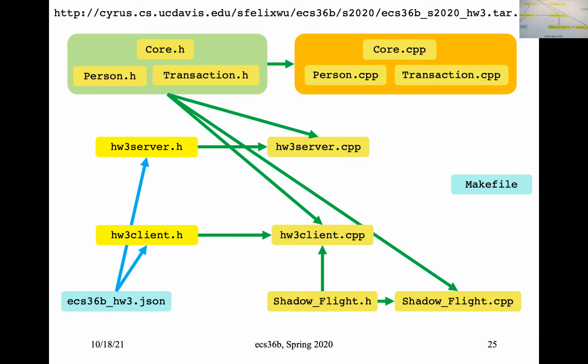This piece of code is what I call the XDR representation. It will generate hw3 server.h and hw3 client.h, those two .h files, because it specifies the protocol. Those two will be included in two other programs you will develop, hw3 server.cpp and hw3 client.cpp. So I'm going to show you how this looks right now.